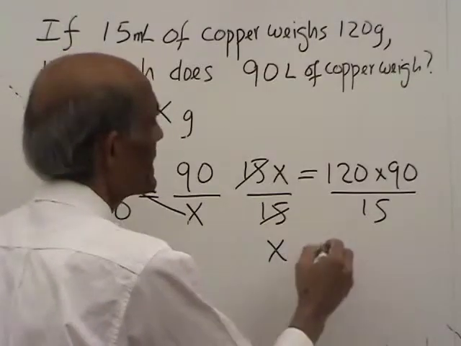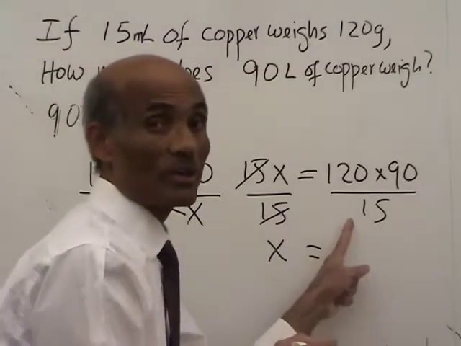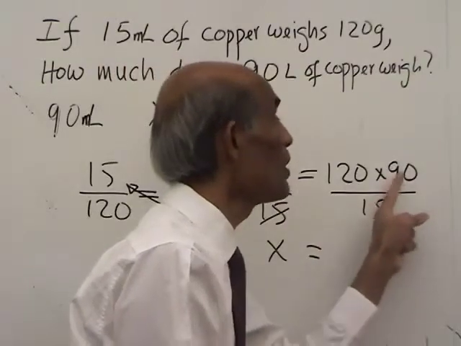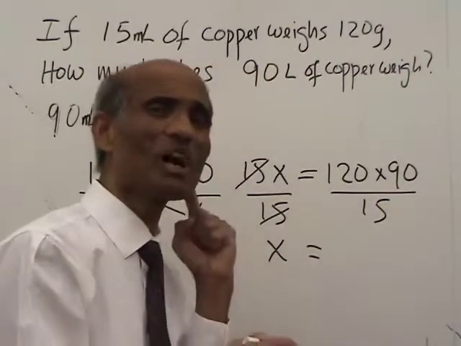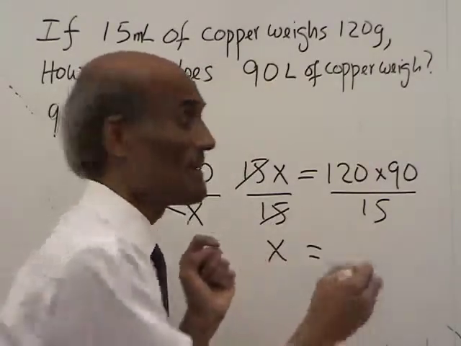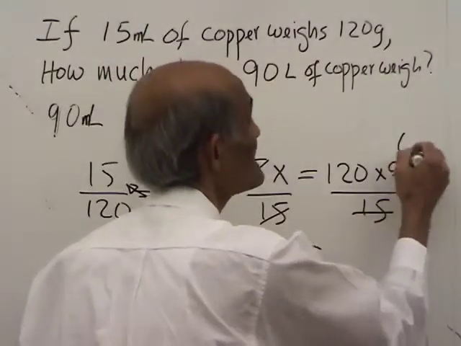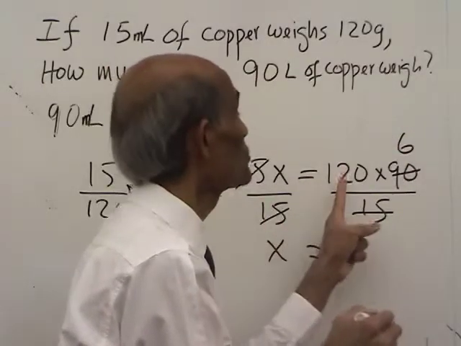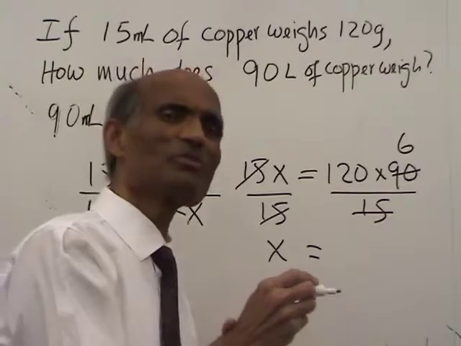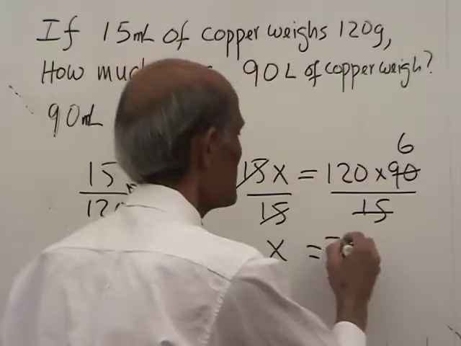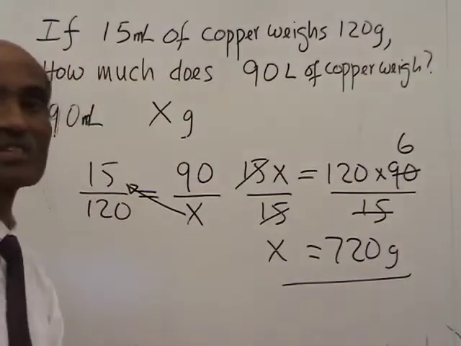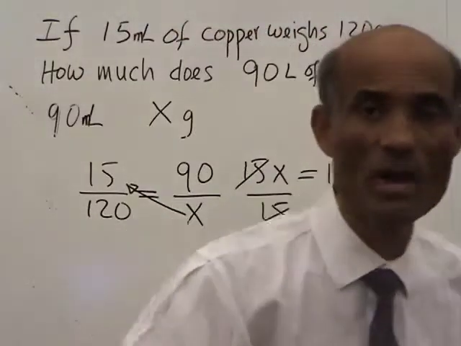We get x equal to. Now can you do this without any difficulty? You can see 15 goes in 90 how many times? 15 times 6 is 90. So 15 goes in 90 6 times. So the answer is 120 times 6. What is 120 times 6? 720. So x equal to 720 grams.